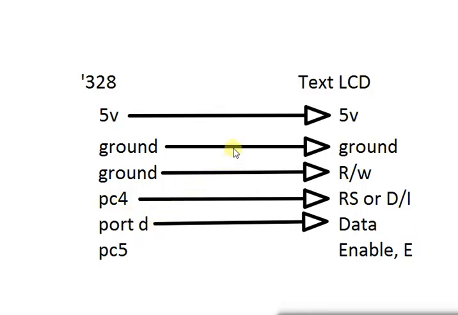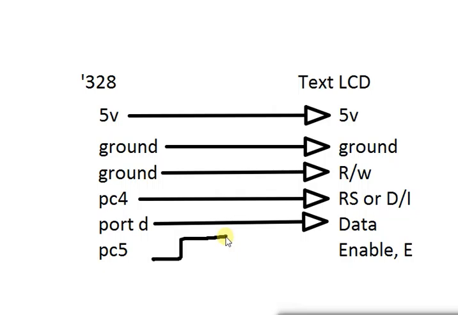Well, in your software, you're going to have to set up port C to the right value, set up port D to the right value, and then prior to anything happening, the enable line has to be made a high. So this PC5, port C bit 5 going to the enable, you must bring it to 5 volts, which is what this waveform is showing you.